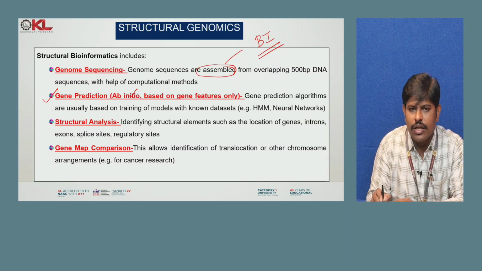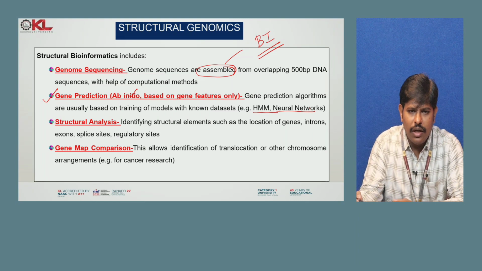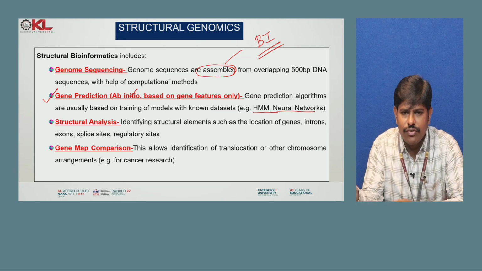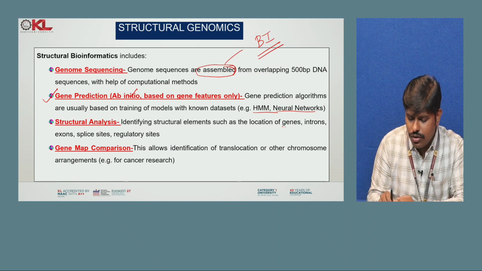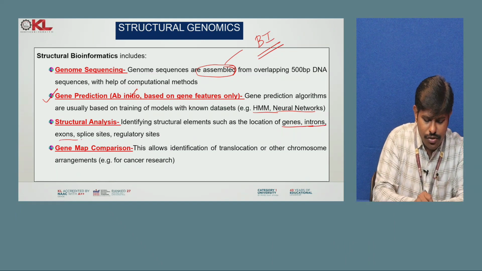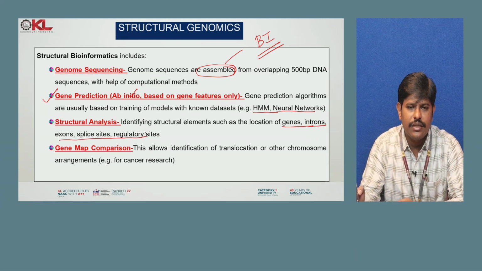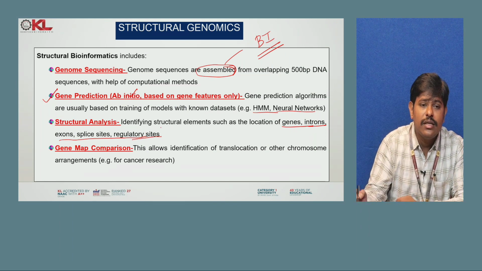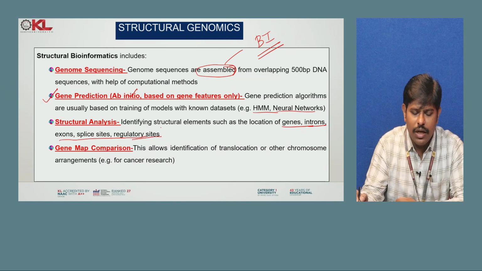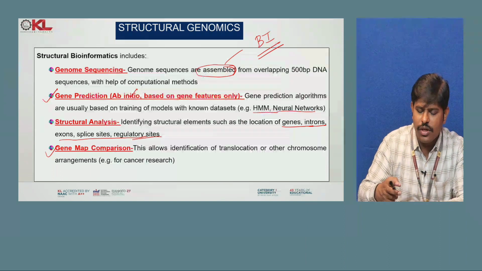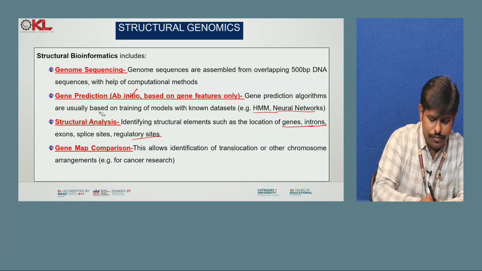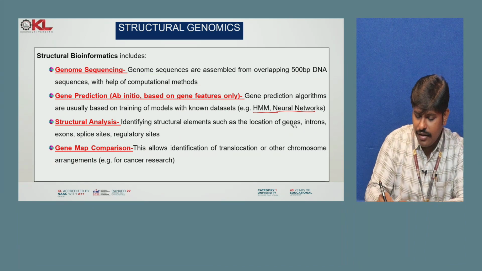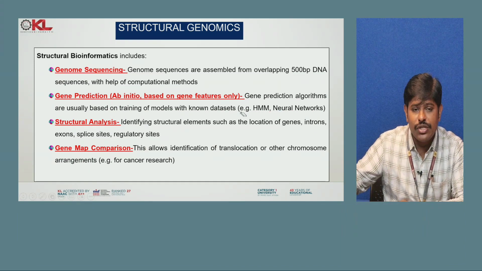We can use bioinformatic algorithms such as hidden Markov models and neural networks, and you can also see the structure of the gene or location of a gene in a genome, find out introns, exons, splice sites, regulatory sites in a sequenced genome, and we can also compare gene maps of different organisms here.